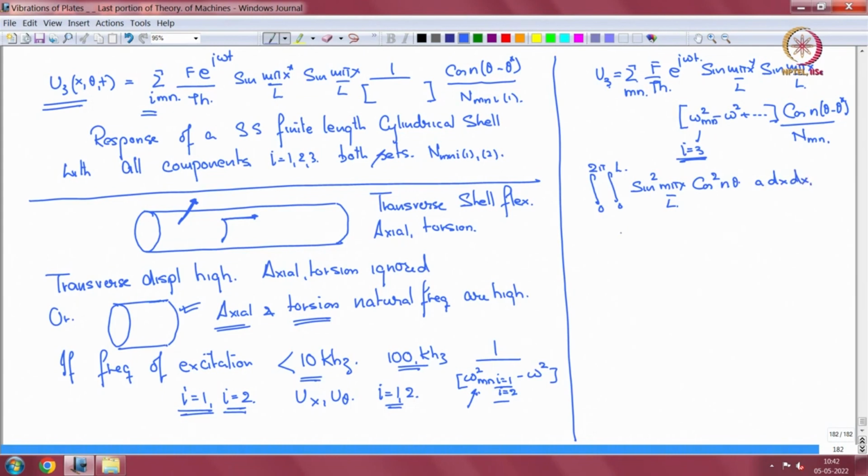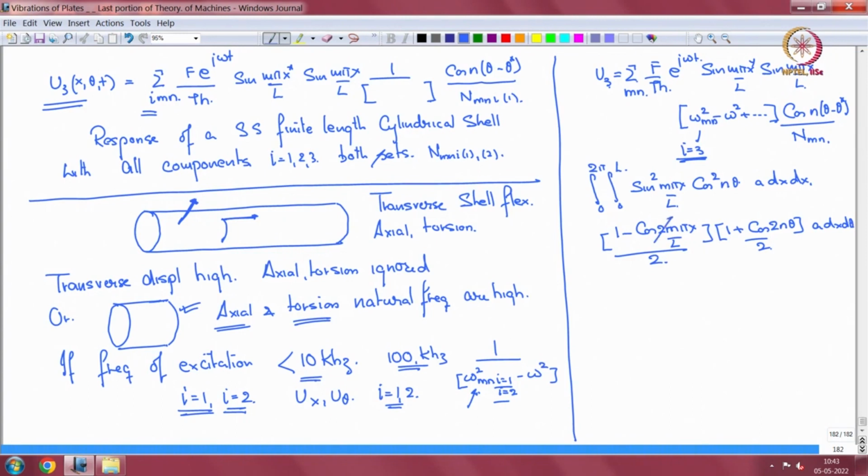So we have 1 minus cos twice m pi x by L, divided by 2, and 1 plus cos 2 n theta by 2, a dx d theta.